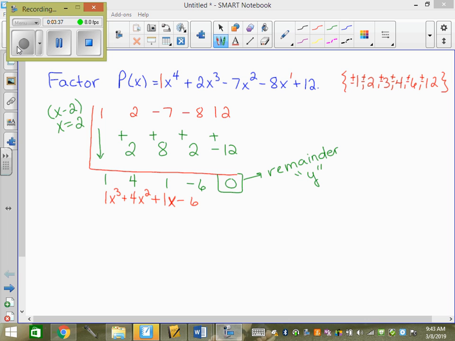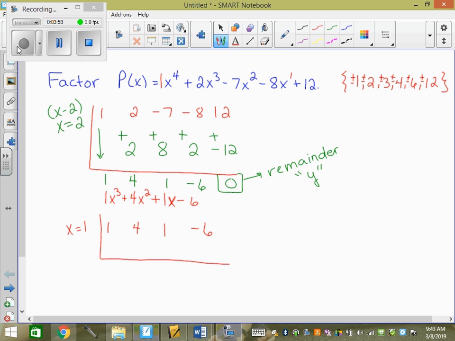Type it into your calculator into y equals, and give me an x-intercept. 1? So we get x equals 1, and then we'd have x minus 1 as our factor.